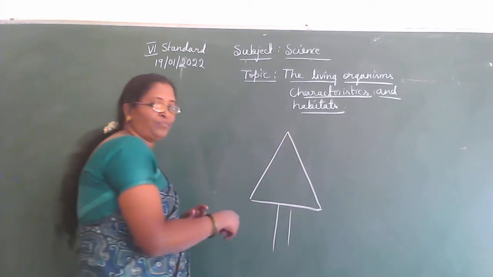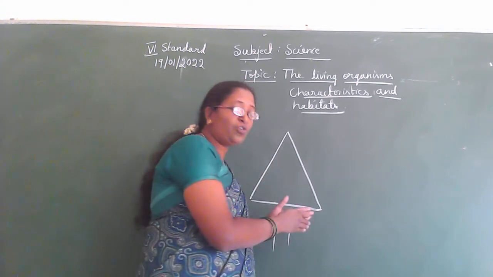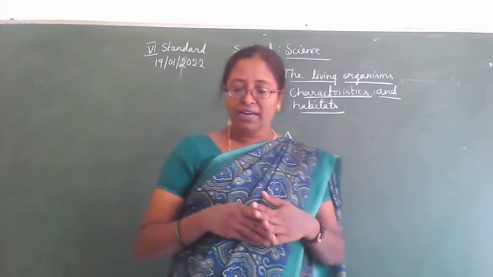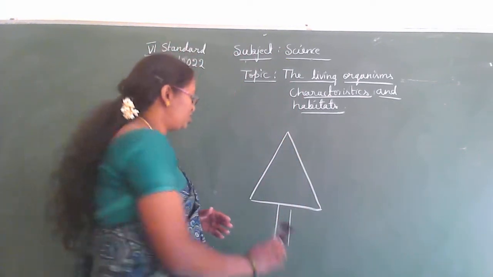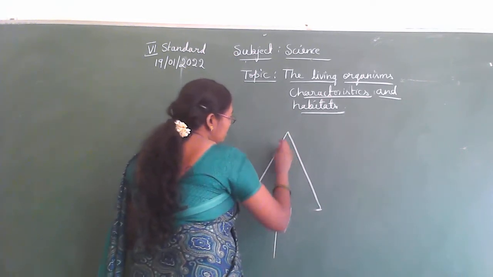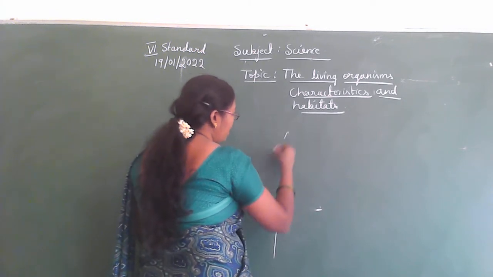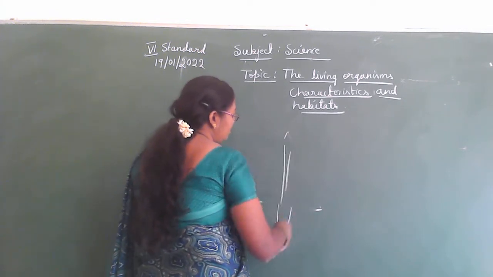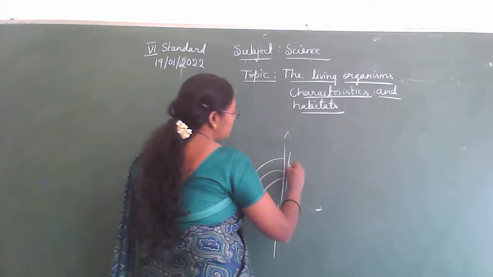They have sloping branches. So this type of trees has this shape, and the branches of these trees slope.